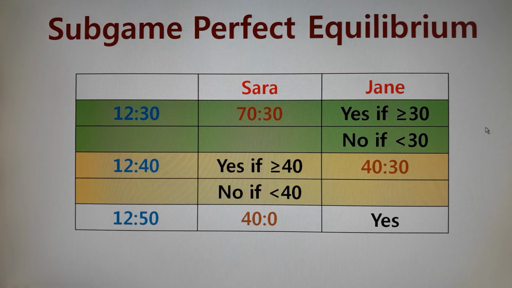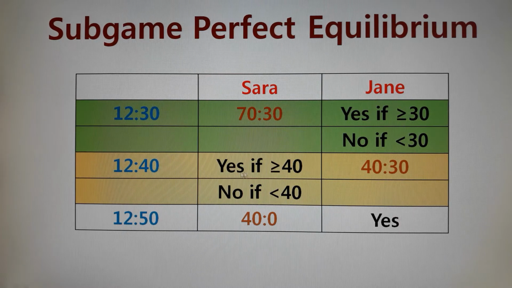As I said, we have to write down everything of the non-equilibrium path, which means, what if Jane says no? If Jane says no, Jane would offer 30 for herself and 40 to Sarah at 12:40.